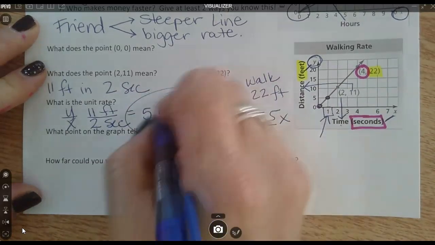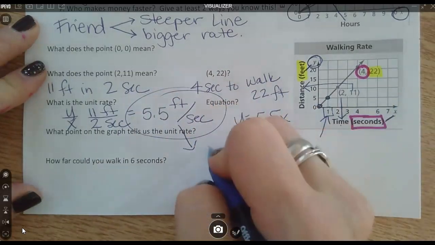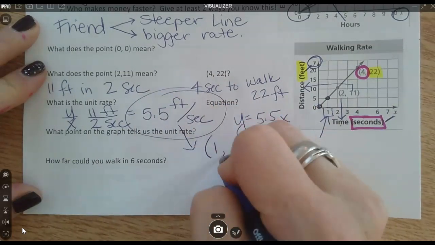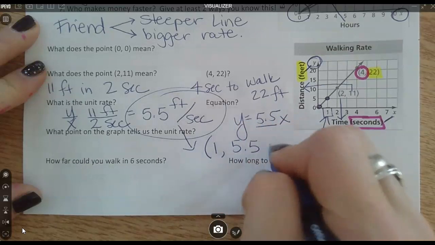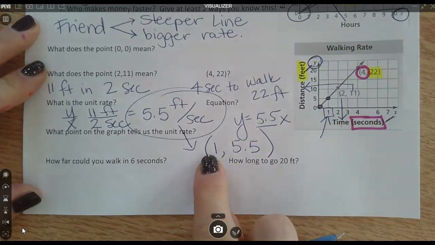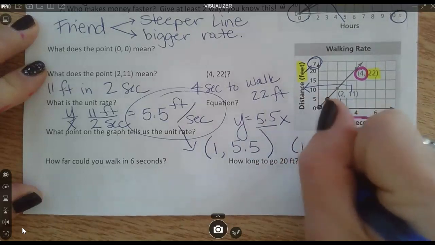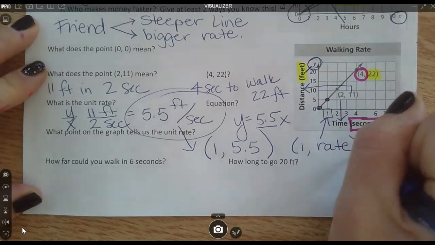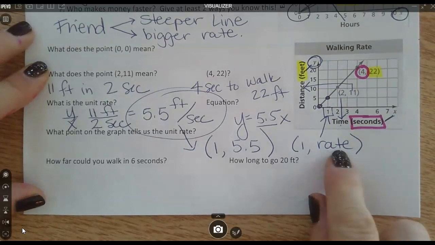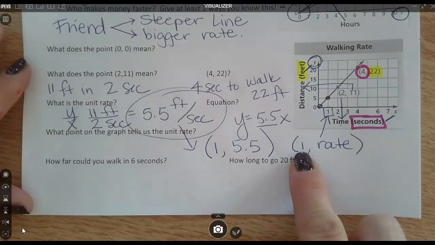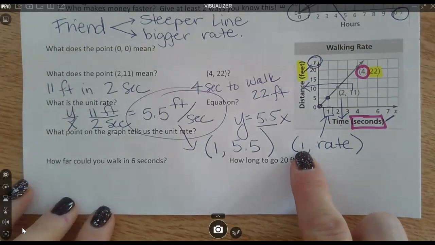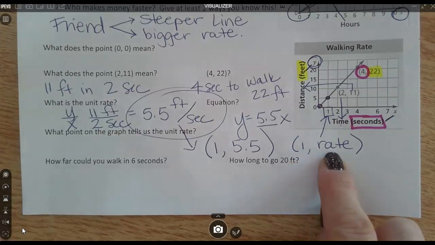So whatever your rate is, the point is just in 1 second, I've gone 5.5 feet. So it's always going to be 1, comma, the rate. Go ahead and write that down. 1, comma, rate is what we're looking for. The unit rate is going to show up when the x coordinate is 1. In 1 second, how far have I gone?